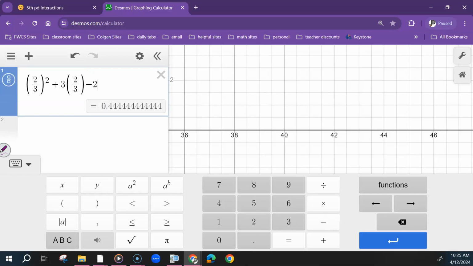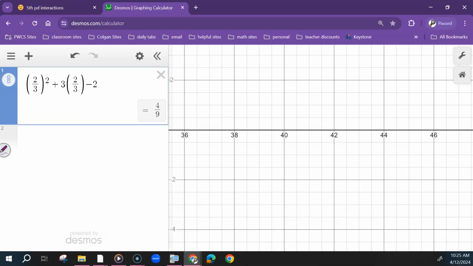And it would give us repeating 0.4s or 4/9. And then if you use the slider, you should get the same thing. If you're just putting 4/9, make sure you use Desmos.